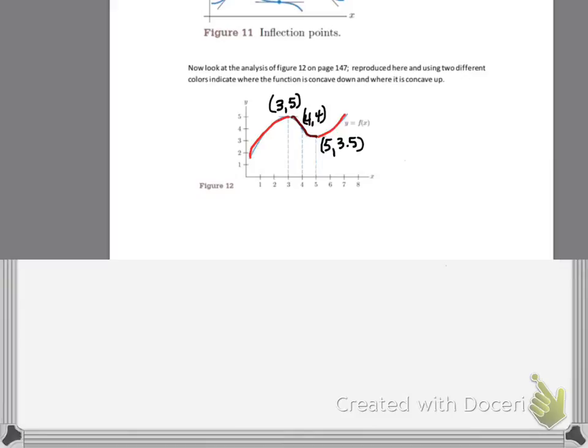So if I'm going to analyze that, I will say my function is increasing from negative infinity up to 3, non-inclusive, because at 3 the function's neither increasing nor decreasing. And then it's also increasing, so I'm going to put a little union sign there, from 5 to positive infinity. Again, I didn't include the 5 because at 5 the function is neither increasing nor decreasing.